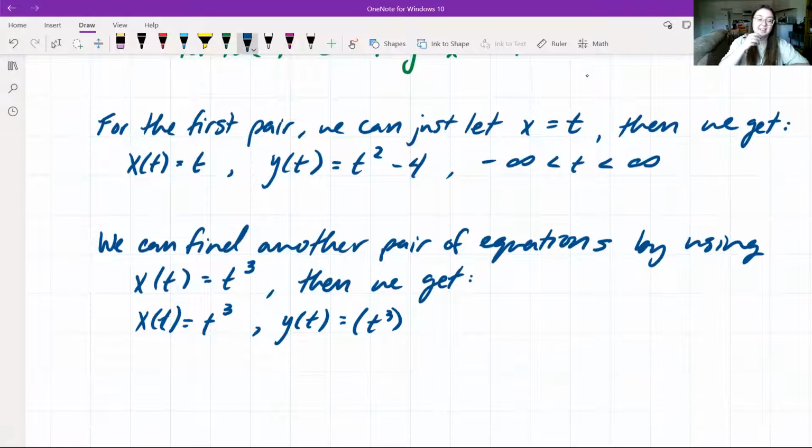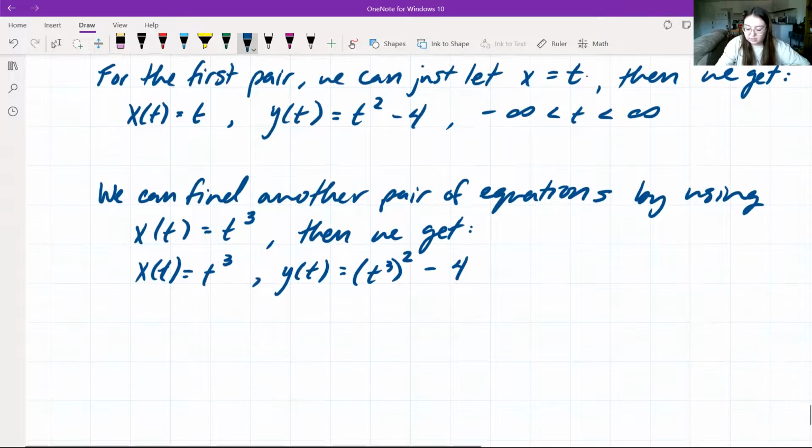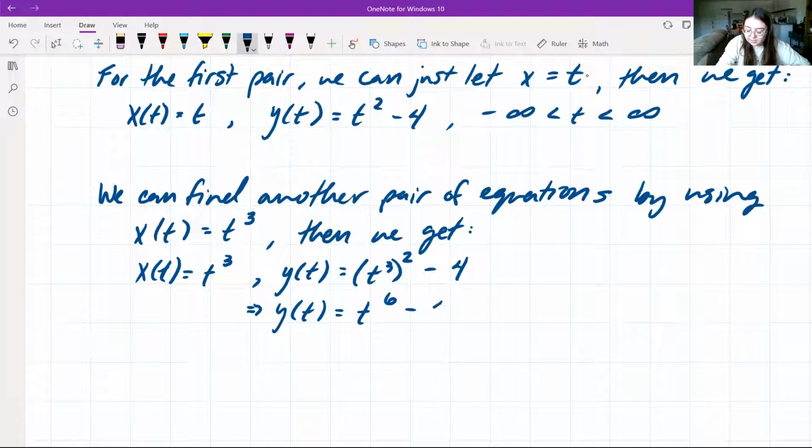So we replace x directly. So one single x is equal to t to the power of 3, now squared, since we had x squared, minus 4. This simplifies to y of t is equal to t to the power of 6 minus 4, where we see that t is still defined between negative infinity and infinity.